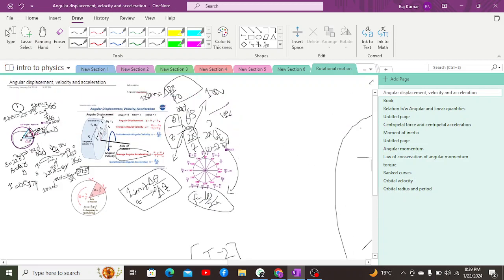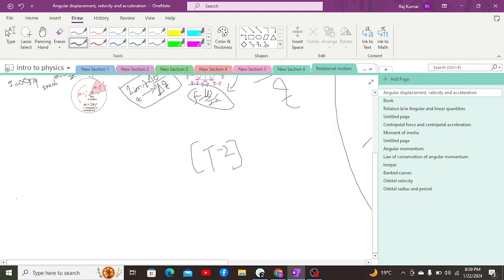But for now, let us put the equation here: 2 pi per t square, or in other words, we can conveniently put it as delta omega upon delta t. So we utilize the formula of omega. What is the value of omega? Omega is equal to 2 pi f.